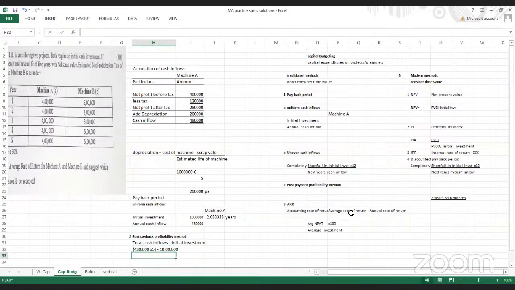So I'll write the value now. 4,80,000 into 5 will be 24 lakh, minus 10 lakh. My answer is 14 lakh.